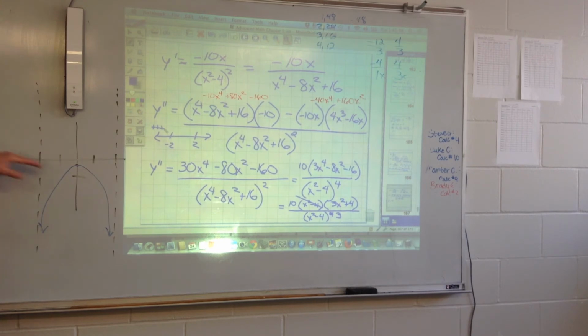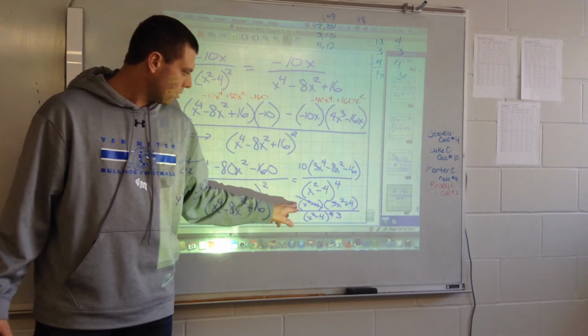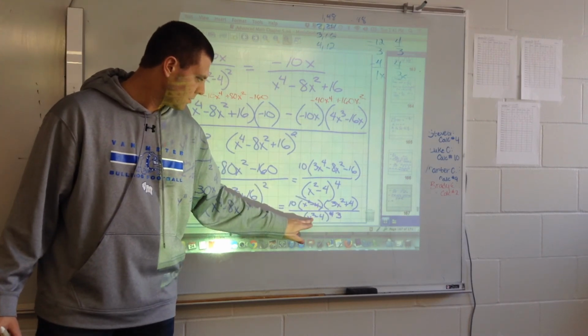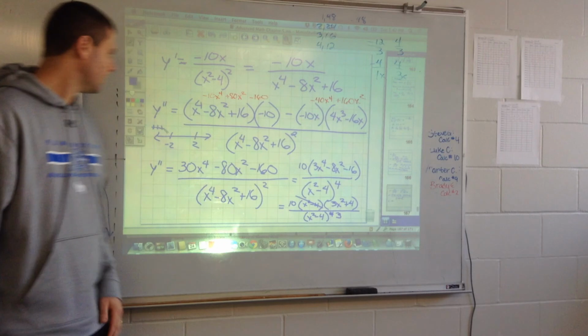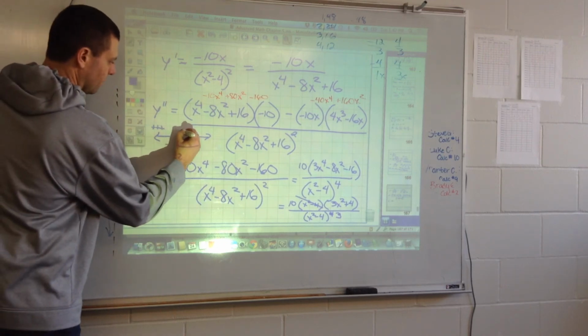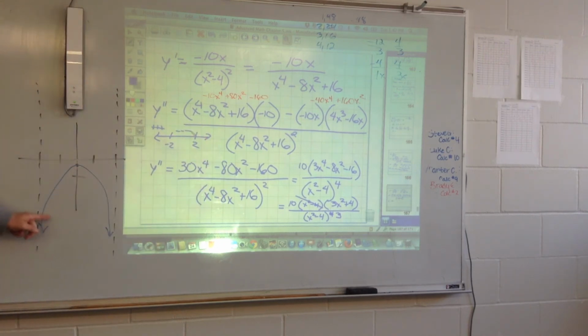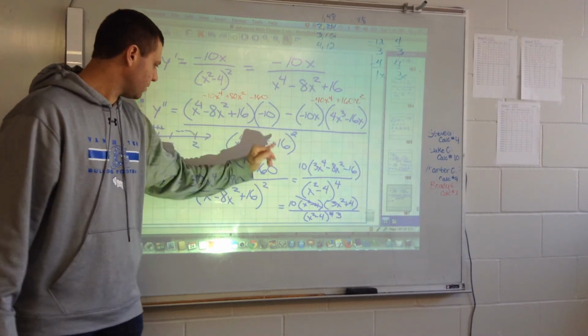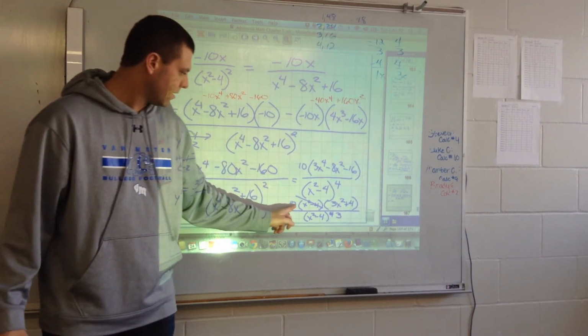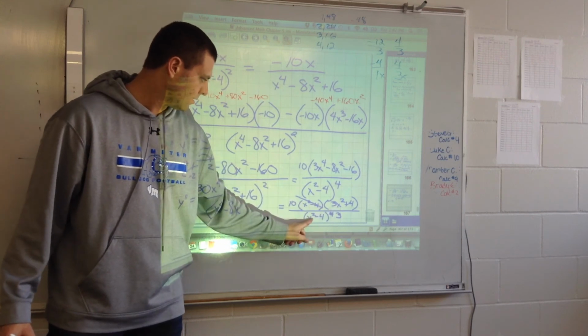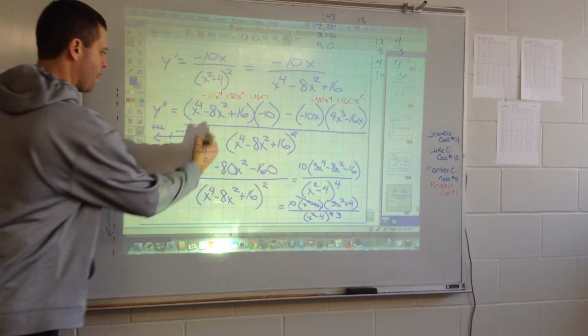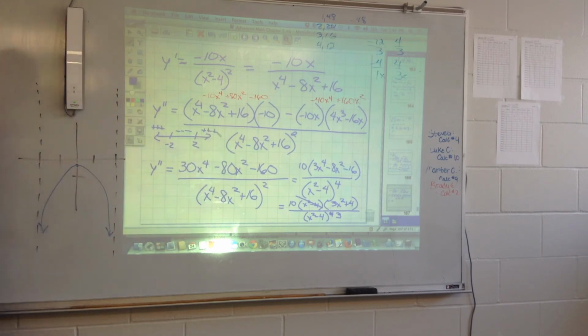And then check in the middle, so like 0. Positive, positive, negative. So it tells me it's concave down in between, which we kind of knew already. And then to the right of 2, so like positive 5, positive, positive, positive. So it's concave up again to the right.